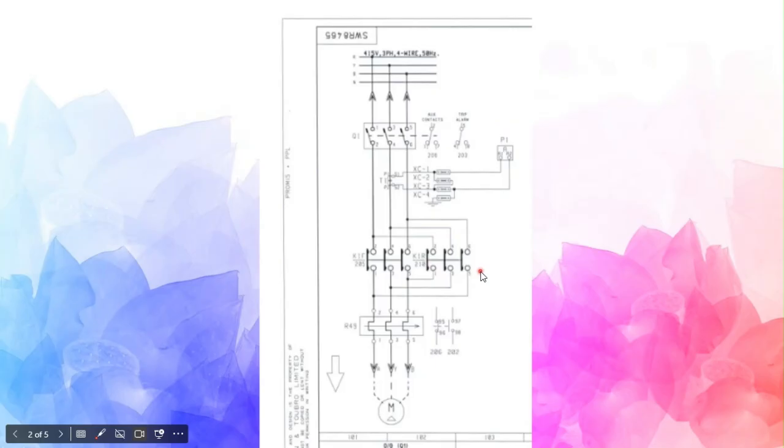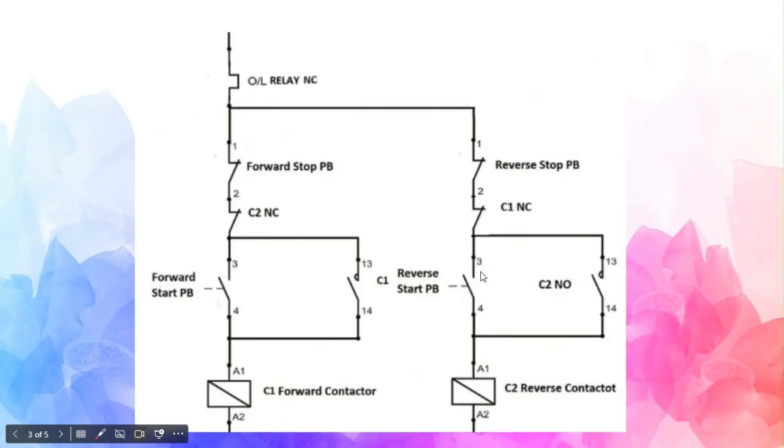Now let us understand the scheme drawing. Before going to the actual scheme drawing, let us understand the basics of the RDOL circuit. This is the control circuit, and in it is the overload relay, and there are two paths.